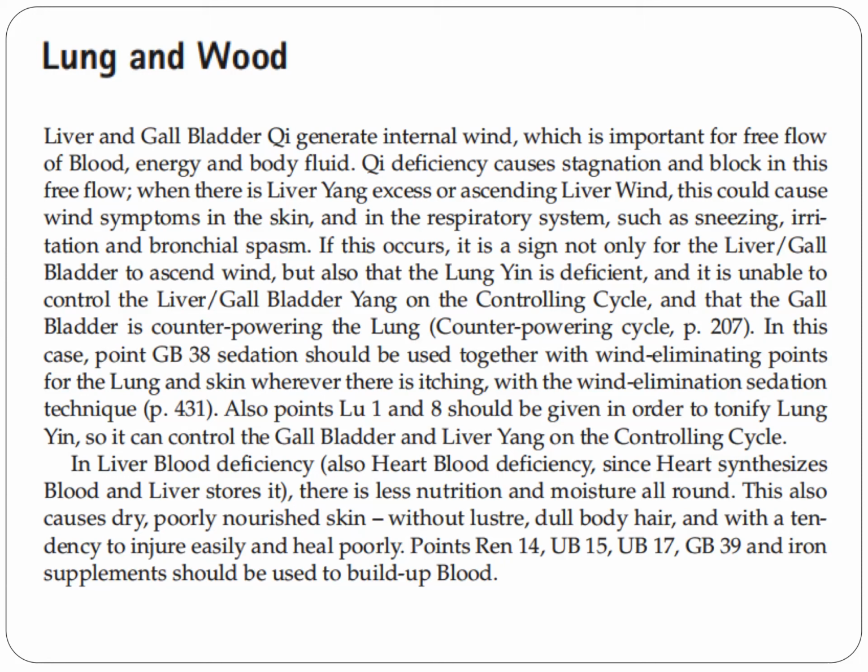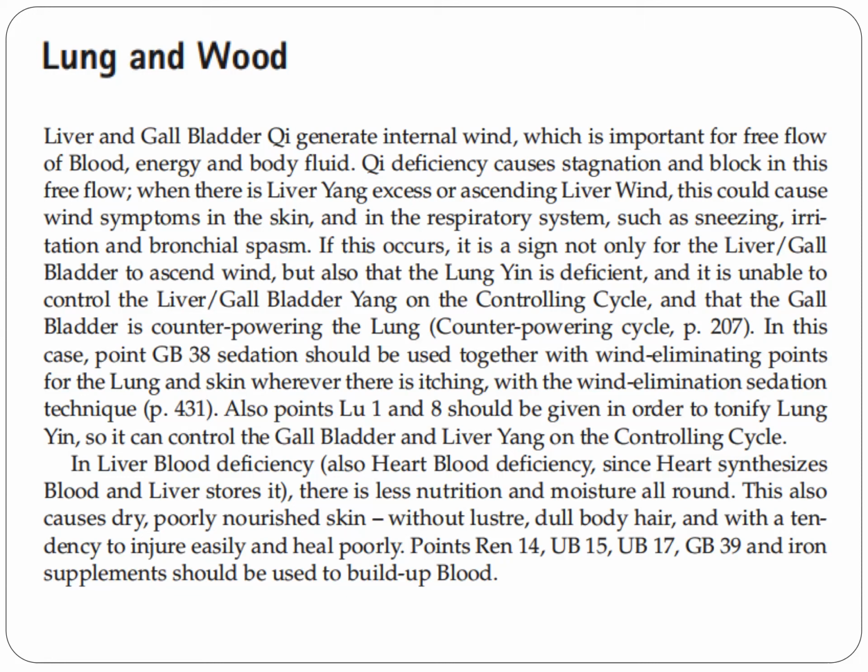In this case, point gallbladder 28 sedation should be used together with wind eliminating points for the lung and skin wherever there is itching, using the wind elimination sedation technique. Also, points lung 1 and 8 should be given in order to tonify lung yin, so it can control the gallbladder and liver yang on the controlling cycle.